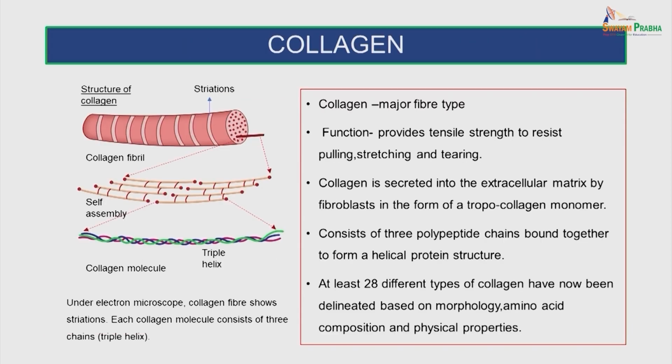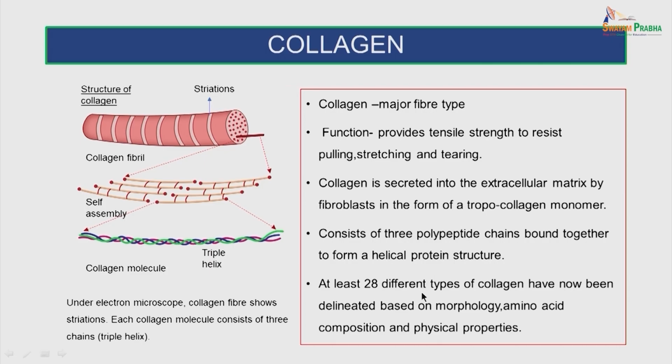The collagen is the major fiber type seen. Its function is to provide tensile strength to resist pulling, stretching and tearing. The collagen is secreted into the extracellular matrix by fibroblasts in the form of a tropocollagen monomer. It consists of 3 polypeptide chains bound together to form a helical protein structure.